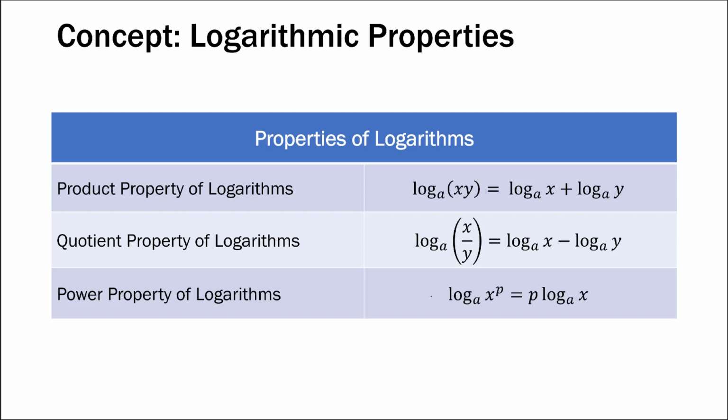I can bring that to the front as the coefficient for this logarithmic term. So that's going to be equal to whatever that power is times log base a of x. So go ahead and make sure you have all three of these written down. Make sure you understand what they're all called, so if you're asked to refer to any of them in a specific problem, you know which property to use.